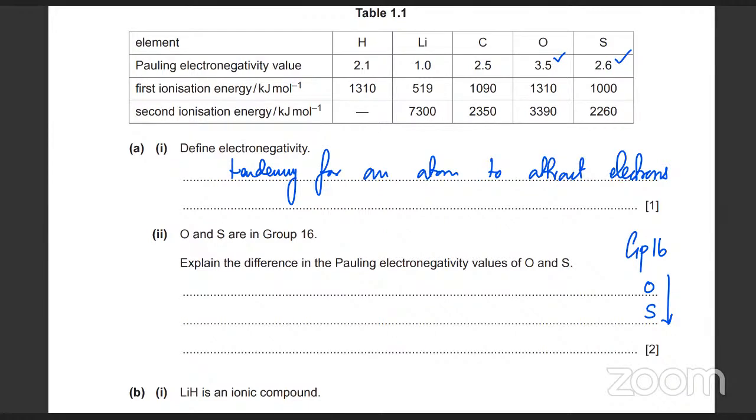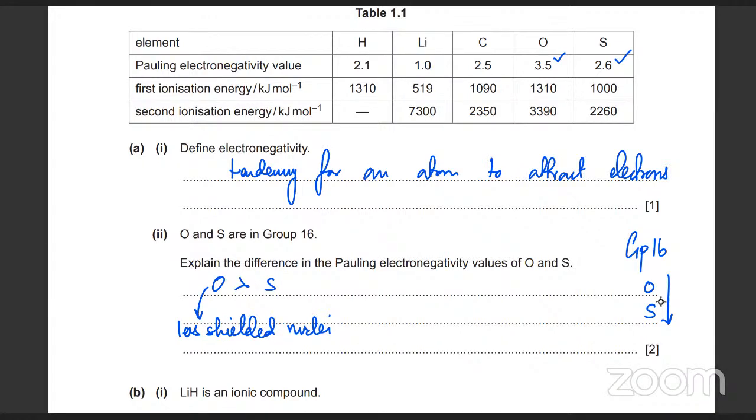So explain the difference. The first thing is oxygen is more electronegative compared to sulfur. What could be the reason for that? Why are smaller atoms more electronegative? Smaller atoms are less shielded. They've got a less shielded nucleus, so they can attract the electrons more strongly. So that's why there's greater attraction. It's just 2 marks.